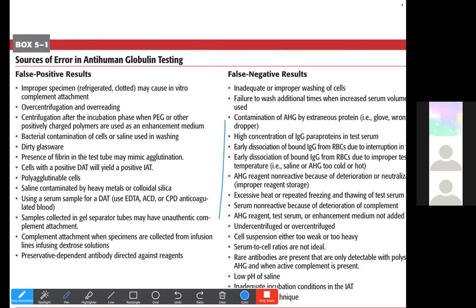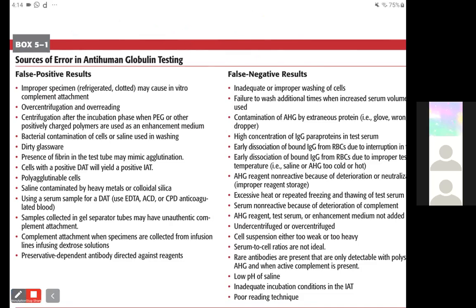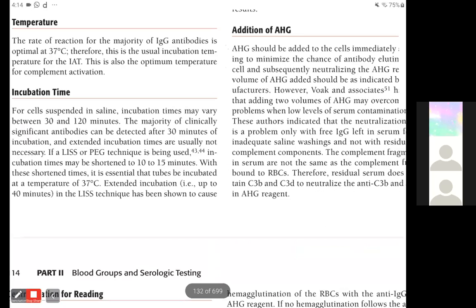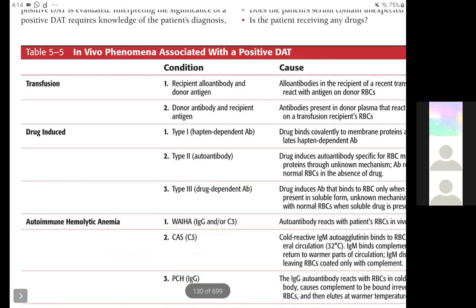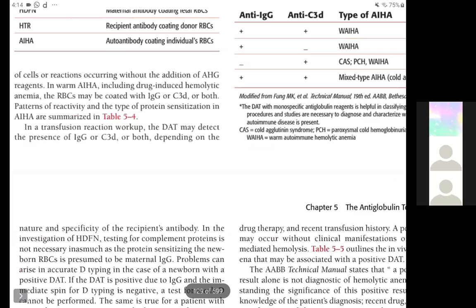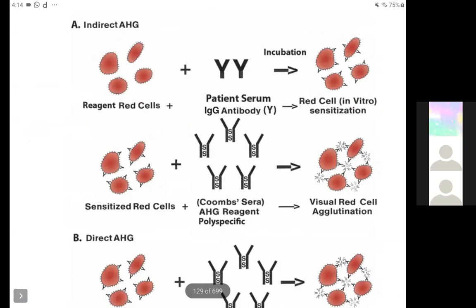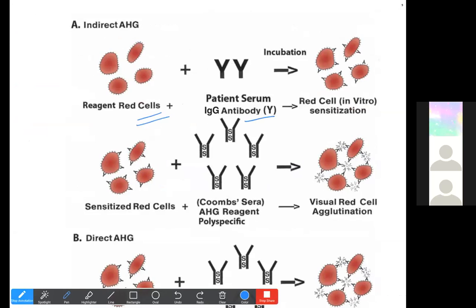So if we are going by the reaction, there could be problems we have seen that can occur with the reagent red cells, with the serum, and also with the AHG reagent. There can be problems with the reagent red cells, that is, they can be bacterially contaminated, they can be polyagglutinable, they can be DAT positive.